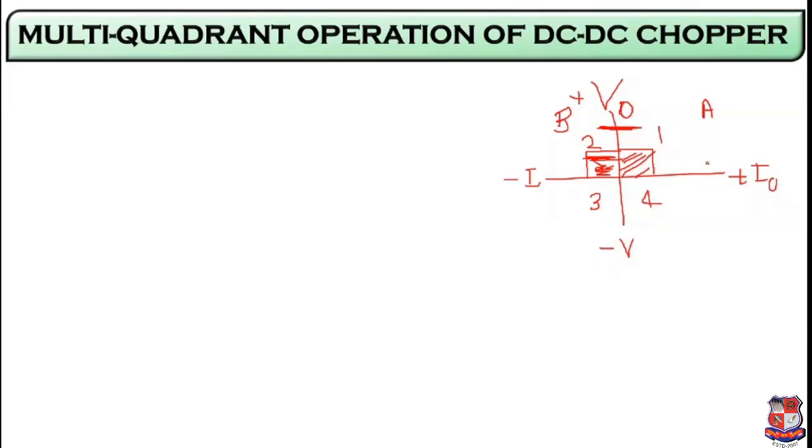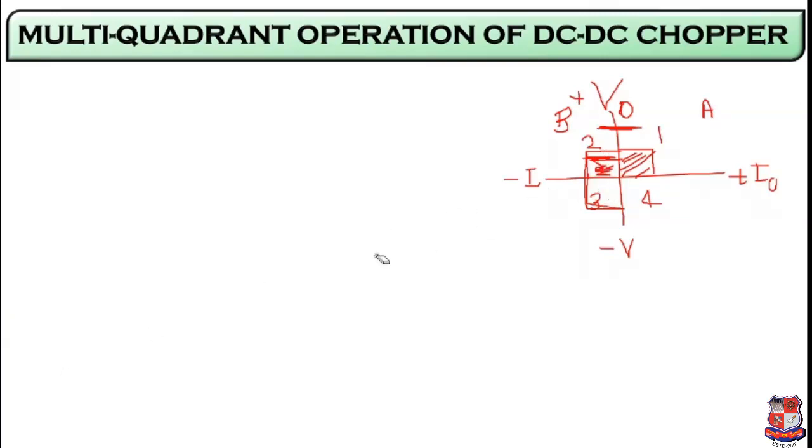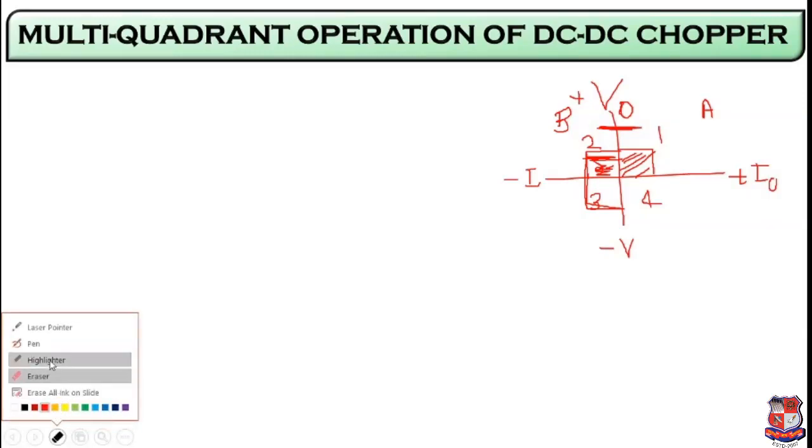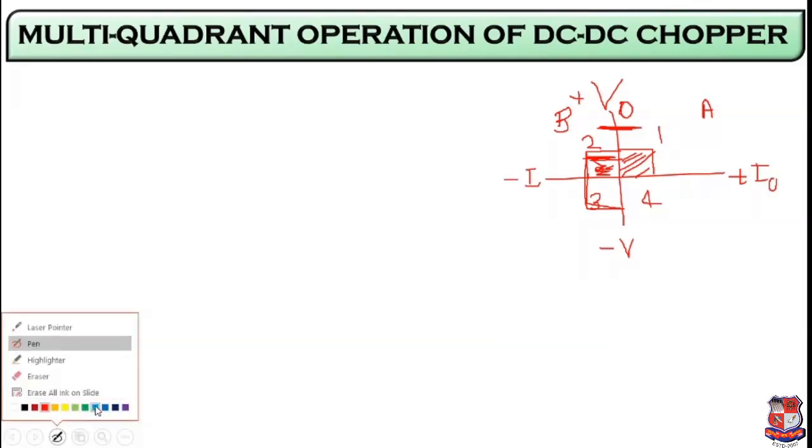Okay. Next, you can say that there will be this case. What is this case? Let me draw in this way. Let me erase this portion, and let me highlight with a pen in some different color.